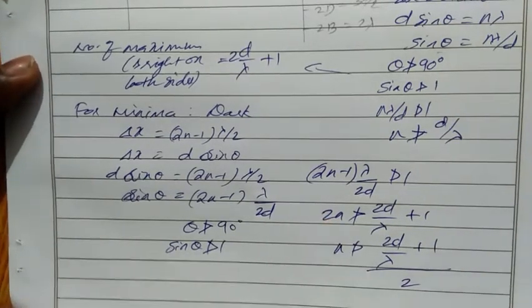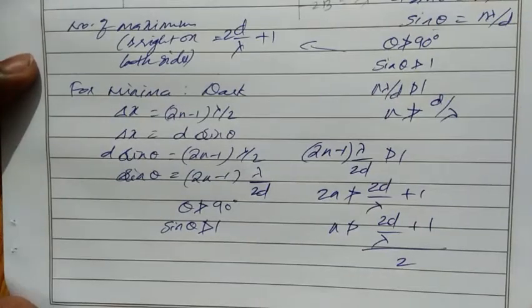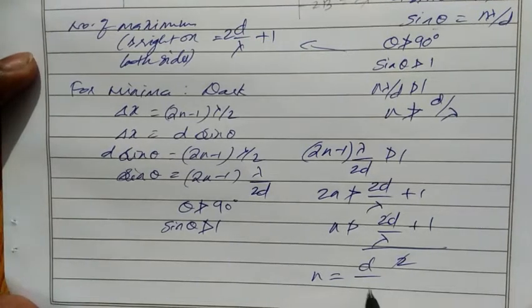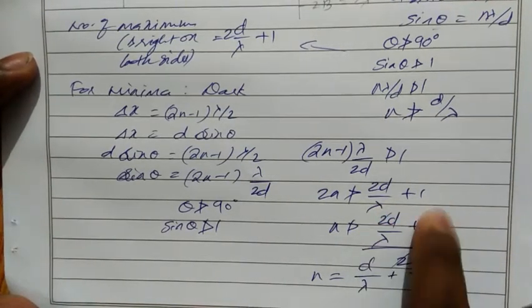These 2 go to the right hand side, so the 2 gets cancelled. Then we have n equal to d by lambda plus 1 by 2. This 2 is common for both this term as well as this one.